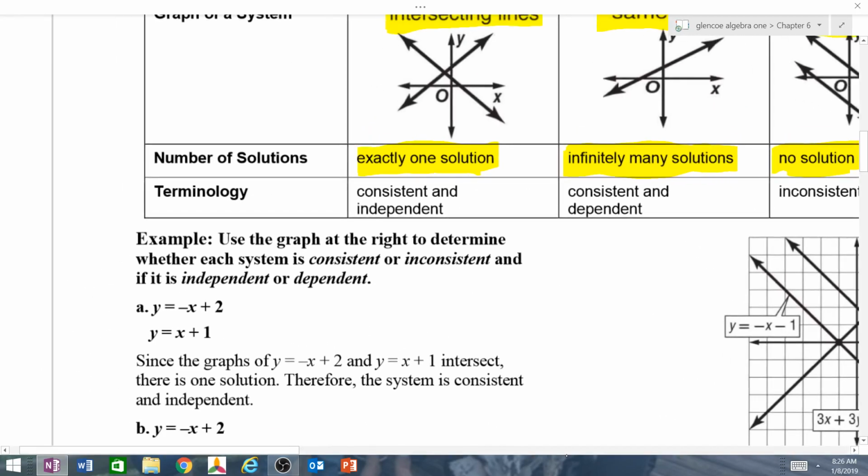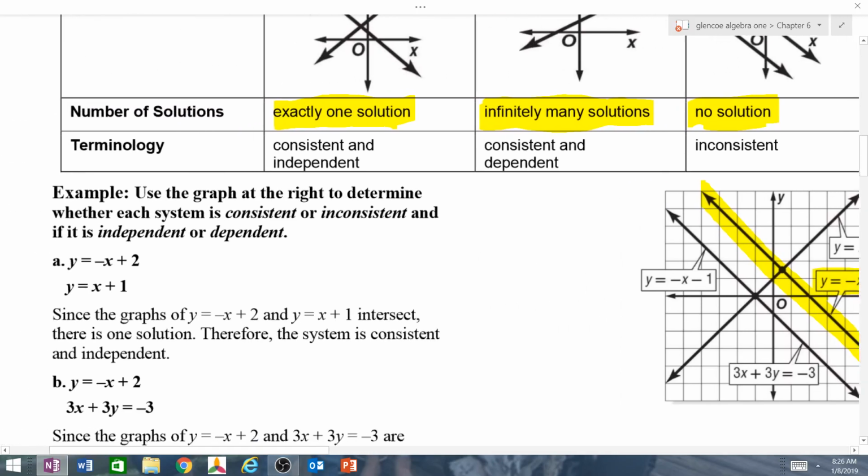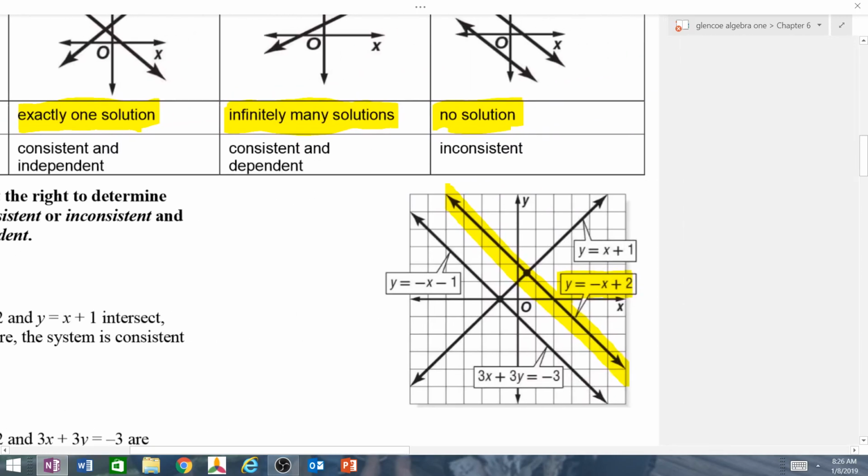So let's look at y equals negative x plus 2. Y equals negative x plus 2 is this line right here. And y equals x plus 1.